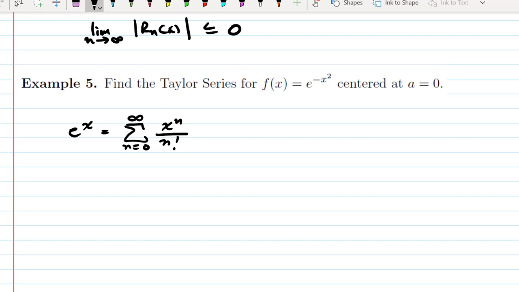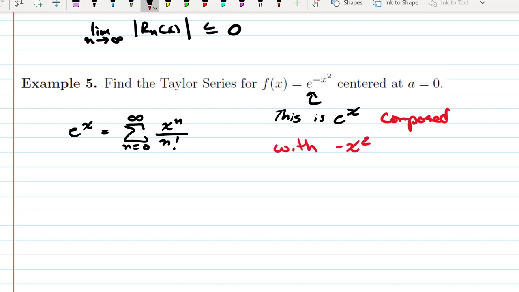Well, this right here is e to the x composed with negative x squared.